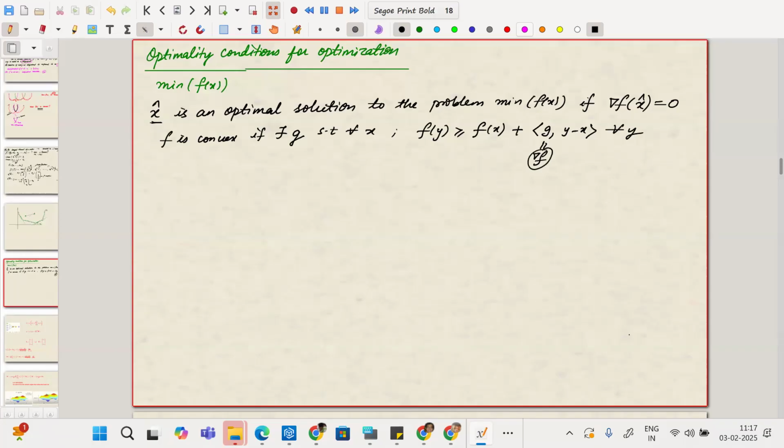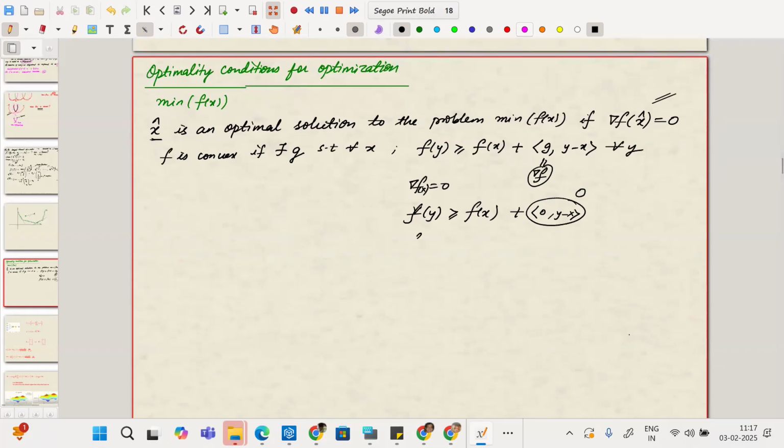If you consider the grad f value at x to be 0, what happens to this? Since grad f is 0, this term will be 0 dot y minus x, which is 0. So f of y is greater than or equal to f of x hat for all values of y. Nothing else I did; I used the definition and arrived at the condition that f of y is greater than or equal to f of x hat for all y.